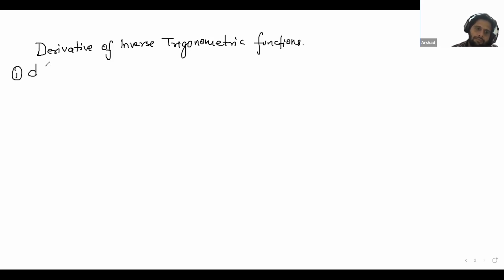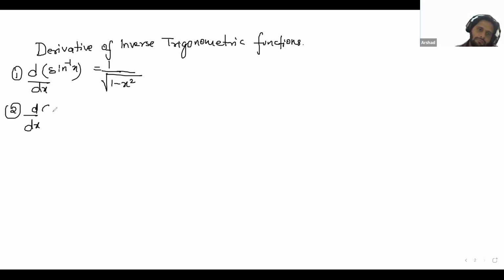The first is derivative of sine inverse x, which is 1 by under root of 1 minus x square. Second, derivative of cos inverse x, which is minus 1 by under root of 1 minus x square.